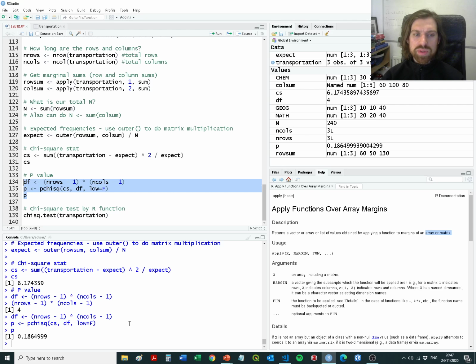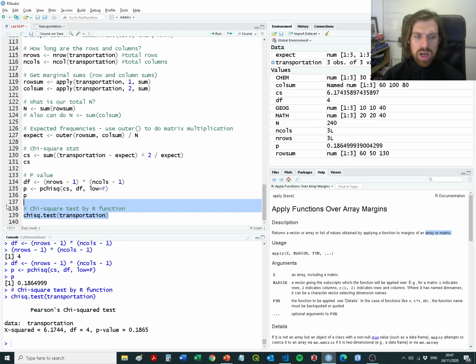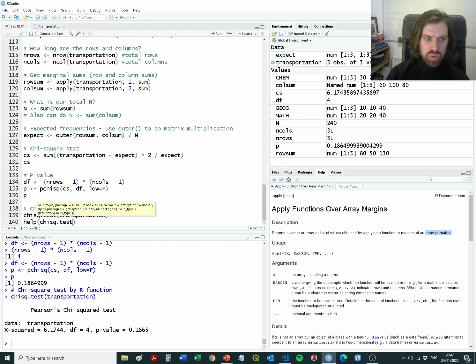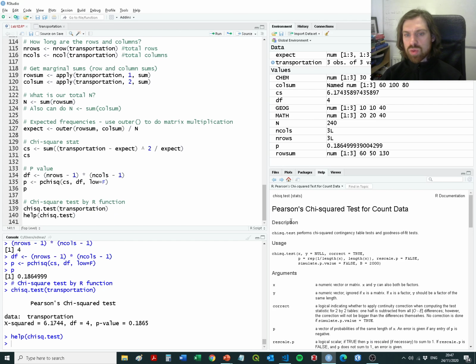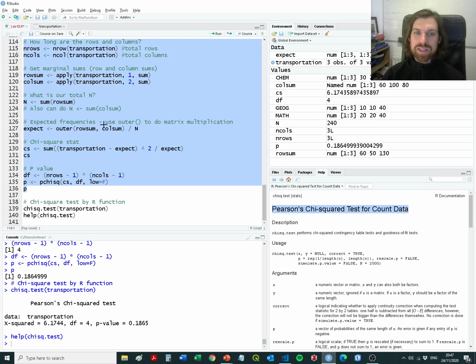You obviously are able to just use the inbuilt function if you want to. So here I've used the chi-squared test, which you're able to have a look at. So we've got the Pearson's chi-squared test for count data, which is just the inbuilt function for what we calculated rather laboriously by hand.